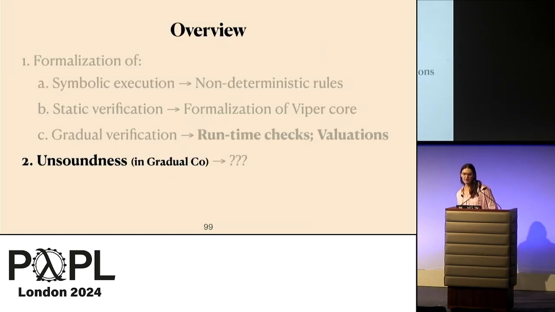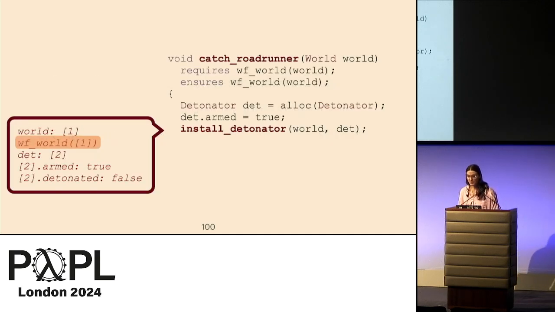But now we've verified two methods, and we still haven't seen where unsoundness can arise. Instead, the interaction between these two methods creates this unsoundness. So returning to Wiley's code, during verification, you might remember we assumed that the install detonator was specified to only consume the well-formed world predicate.